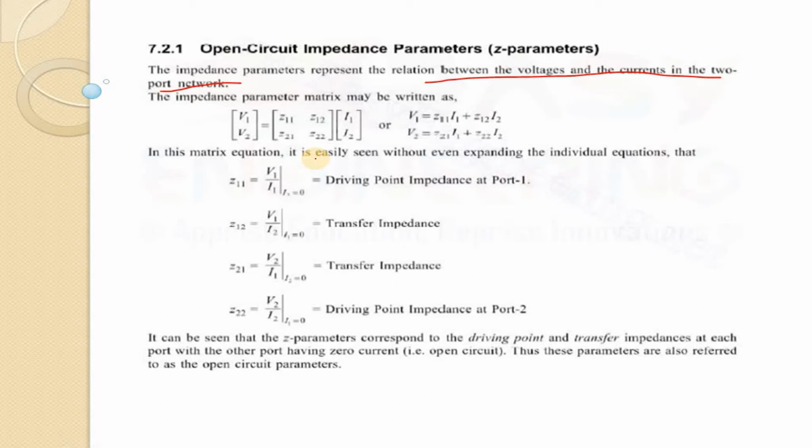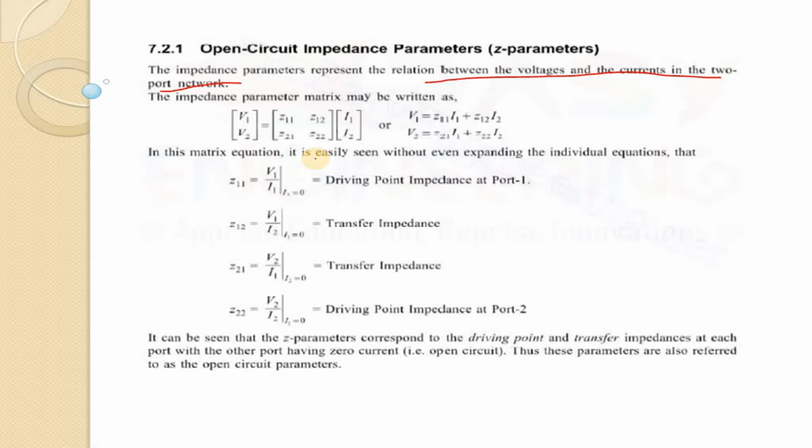Since this is a two-port network, we have two voltages V1, V2 and two currents I1, I2. Using these relations, we can write V1 equals Z11 I1 plus Z12 I2, and V2 equals Z21 I1 plus Z22 I2, just by matrix multiplication.